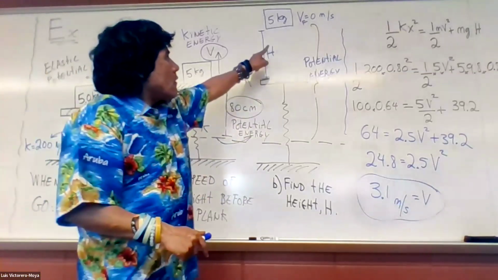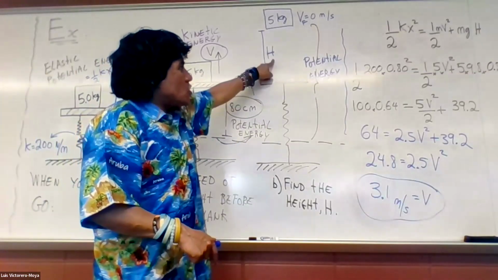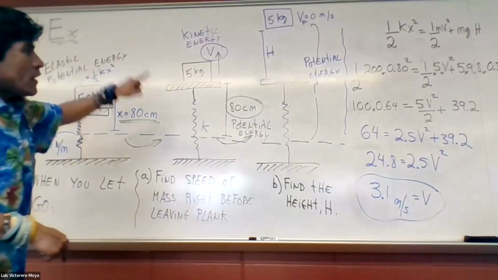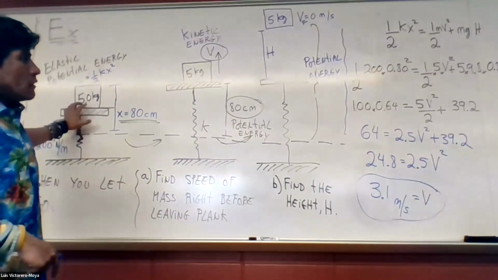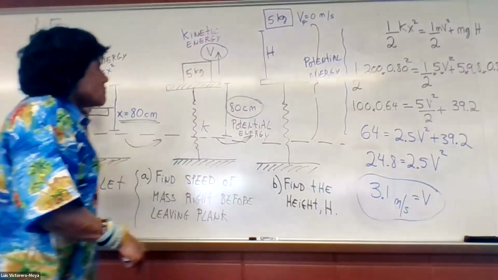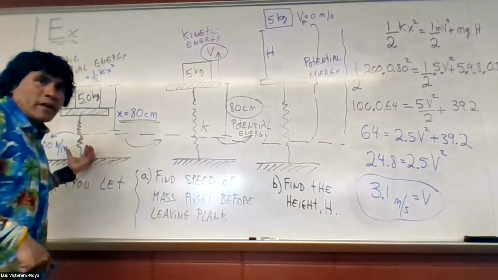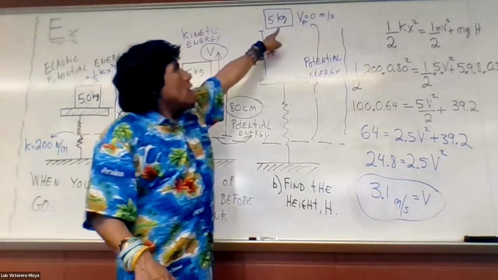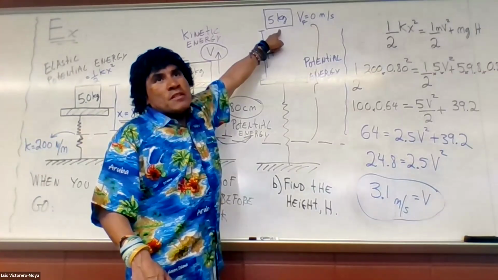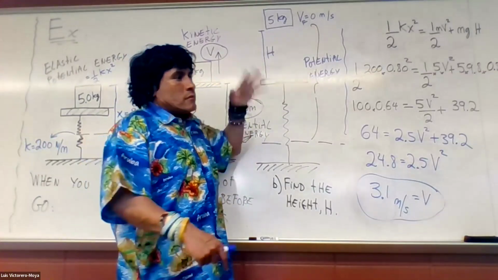Now, to find h. To find h, because of conservation of energy, the energy here is equal to the energy here. You can just use that. All the energy here that was stored on the spring went up for the mass to reach this level. By the way, of course, we're ignoring the mass of this.